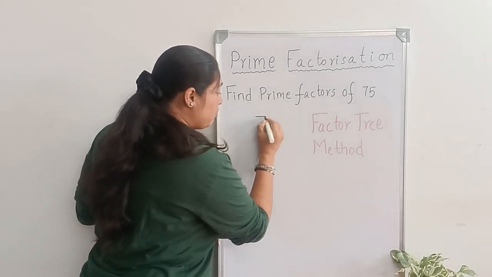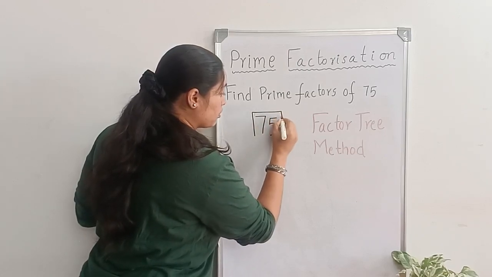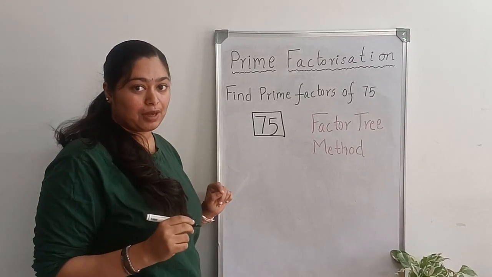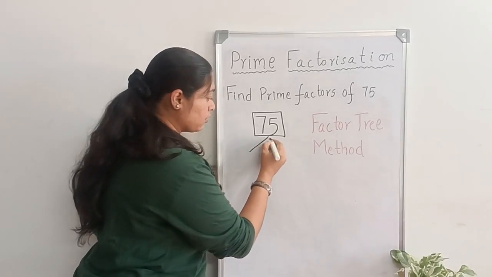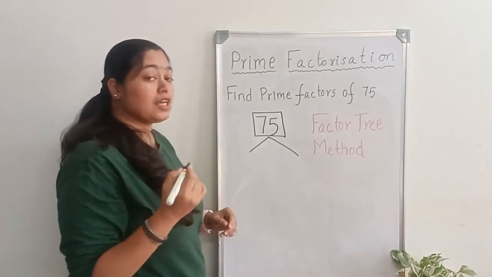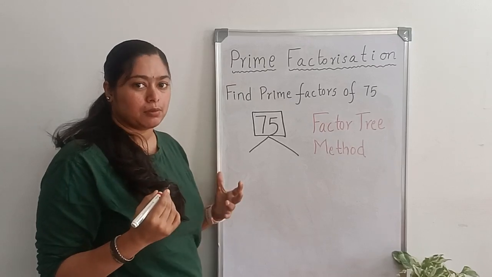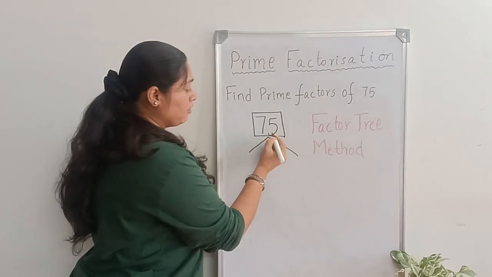So we'll start by writing 75 inside a square box. Now remember, we are going to do it just like a family tree. So we are going to find two factors for 75. When I say two factors, remember it will be better if you start with a prime number, if possible. So look at the number 75.